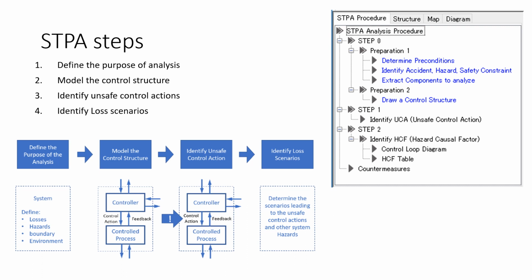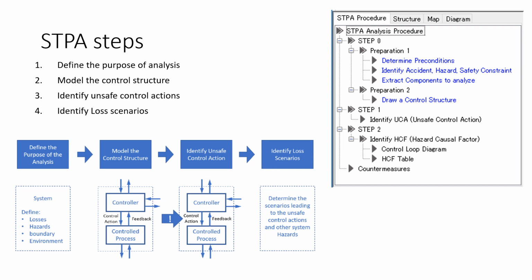Once we have modeled the control structure, we need to identify unsafe control actions. Sometimes, based on the feedback provided by the system, the controller will alter the control action.